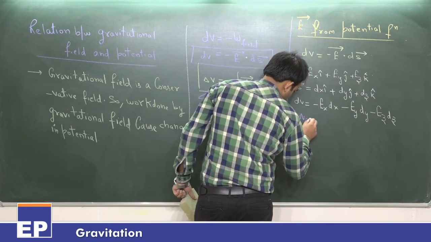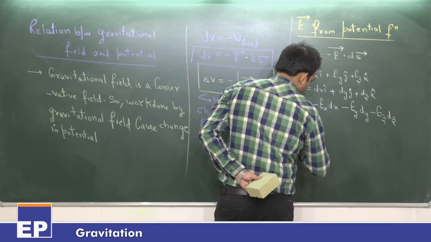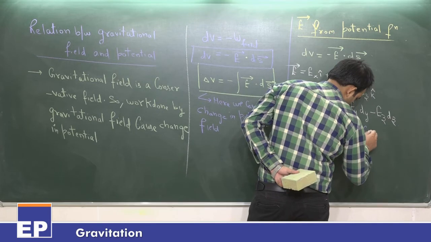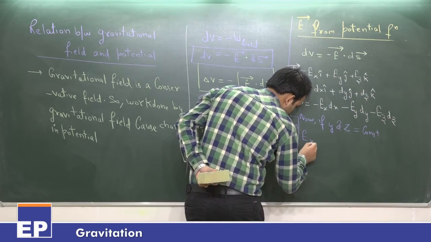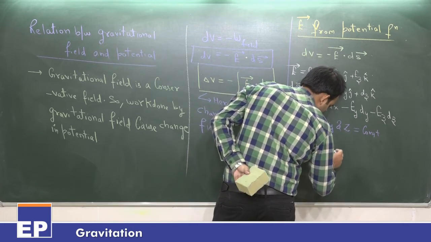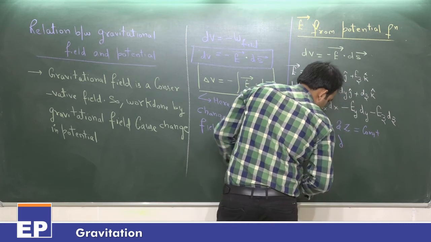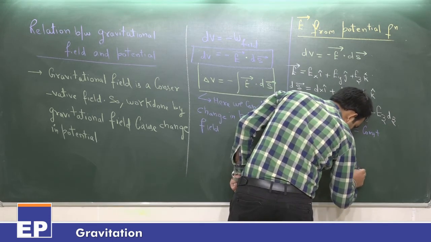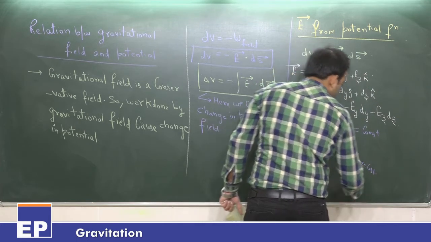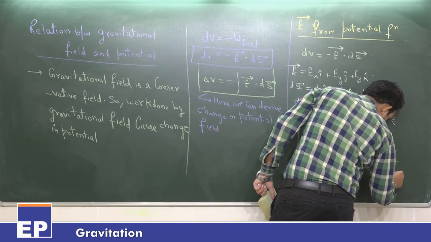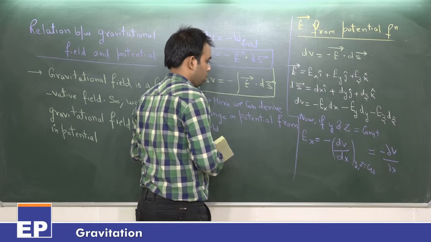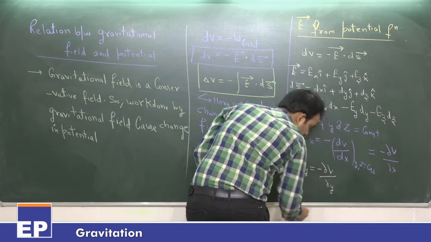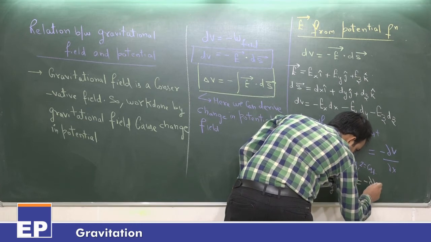Now, for Ex, y and z are constant, so Ex is minus dV by dx, or you can write it as minus del V by del x. Ey is minus del V by del y, and Ez is minus del V by del z.